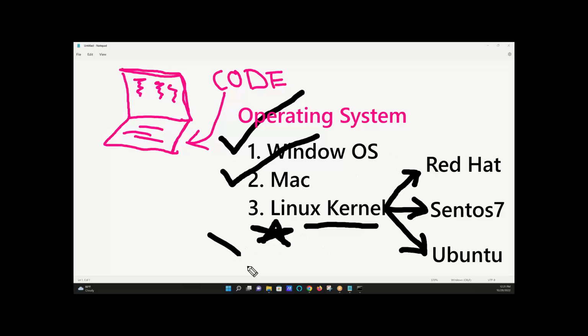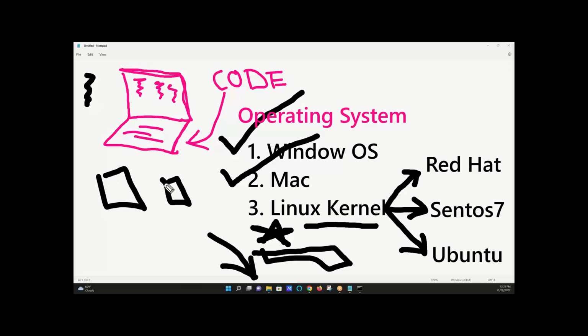Windows, you don't have a choice. You got this taskbar right here. You like it or don't like it, you got to deal with it. Mac, you got some other taskbar stuff, and you got these tiles right here. Like it or hate it, you have to use it. But Linux, you can design your own operating system the way it should look and stuff like that. You have much more control.